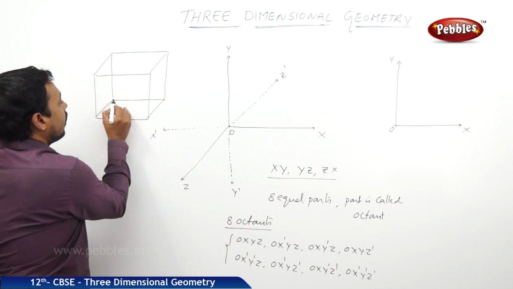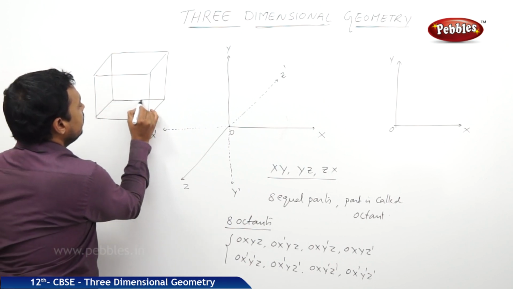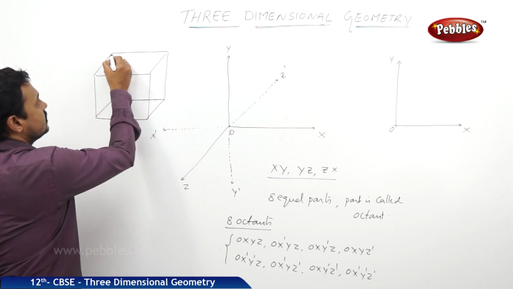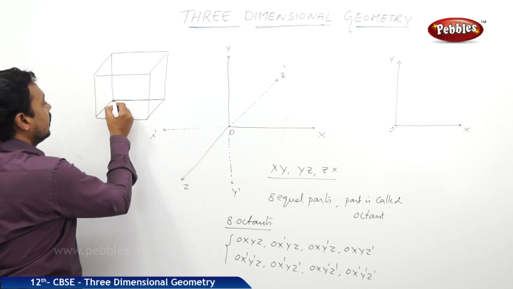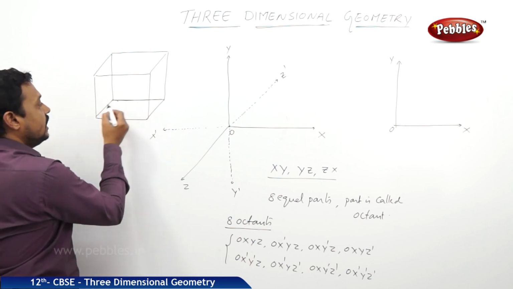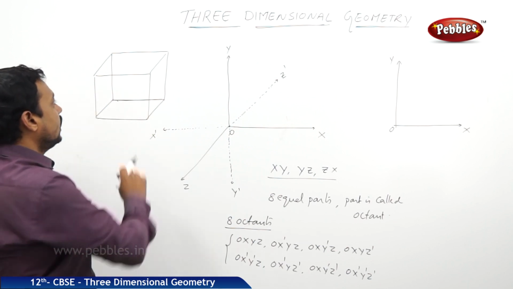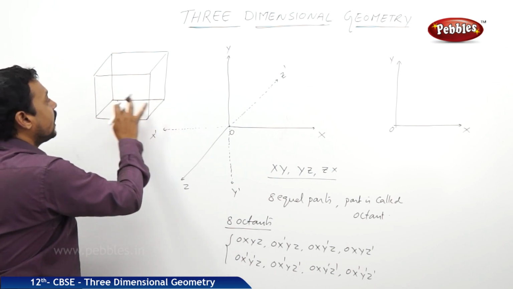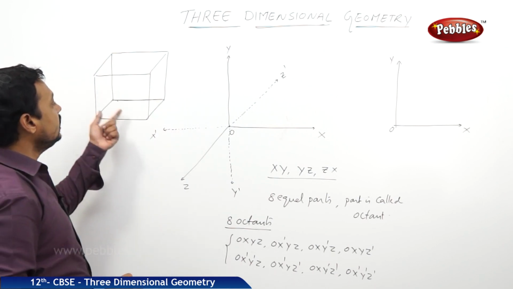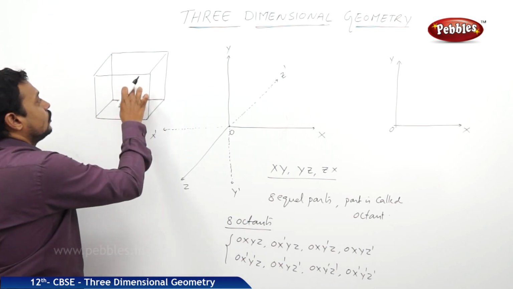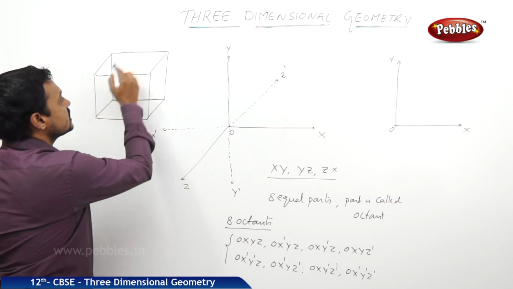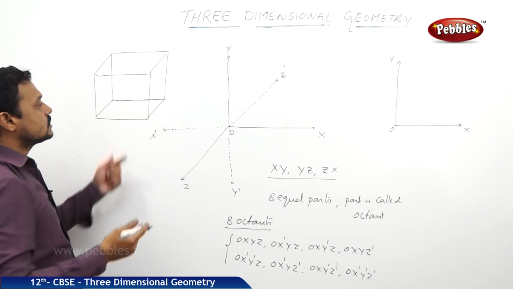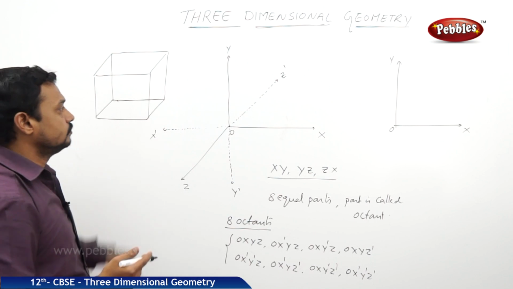Here there are mainly three edges: one is length, second is breadth, and third is height. So this figure is determined mainly by three edges. If all these edges are equal, then this figure is known as a cube.